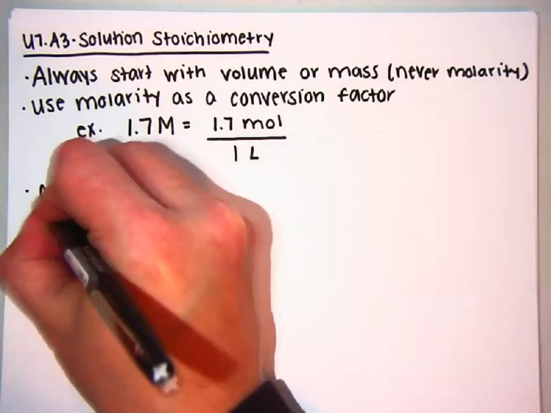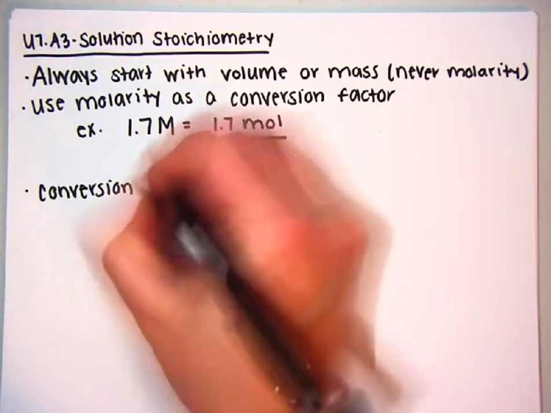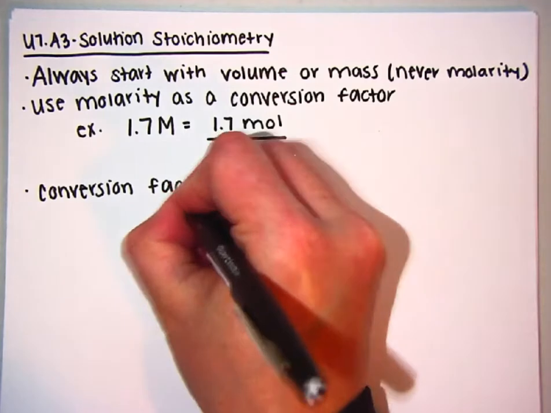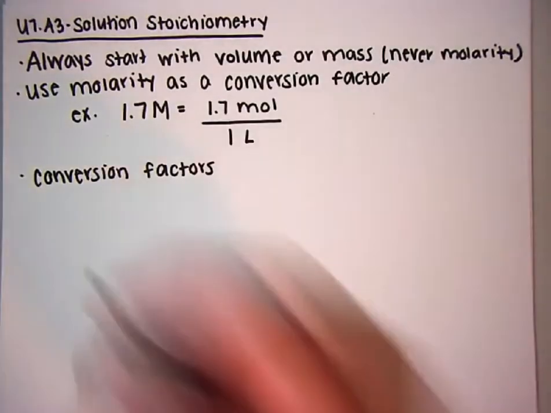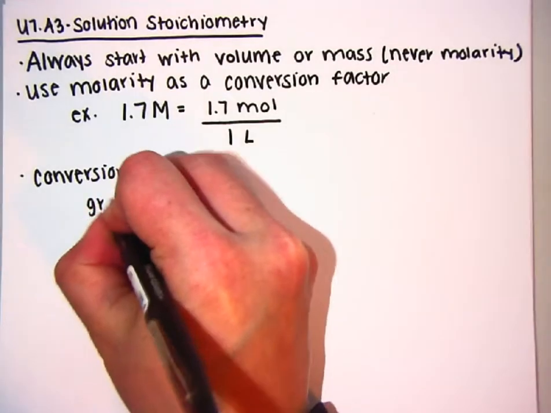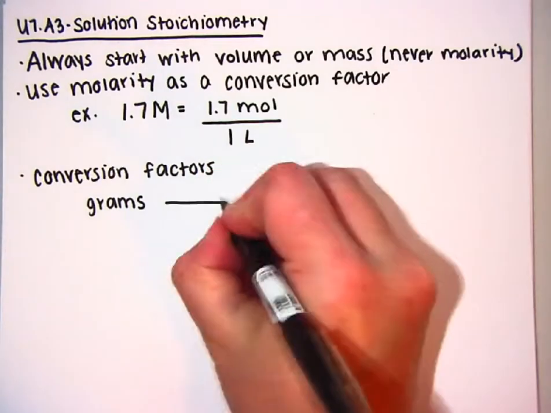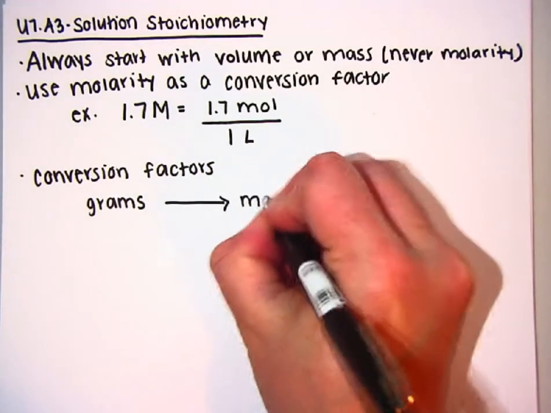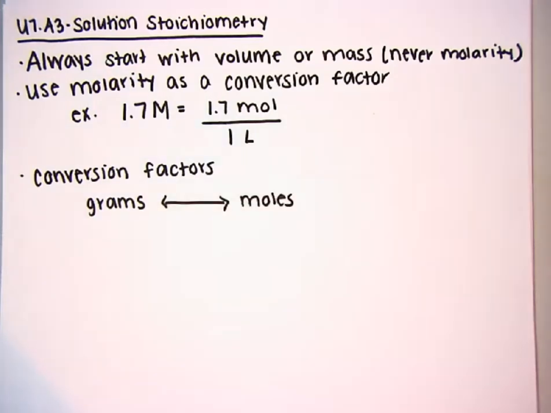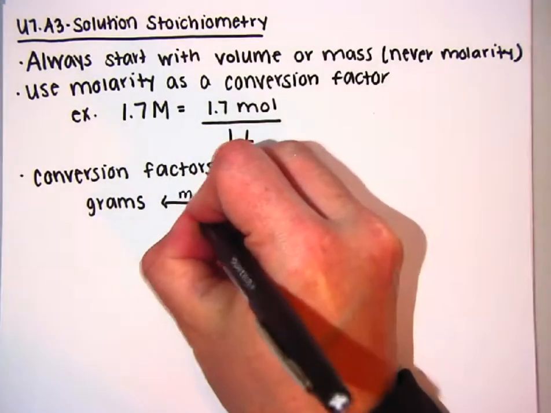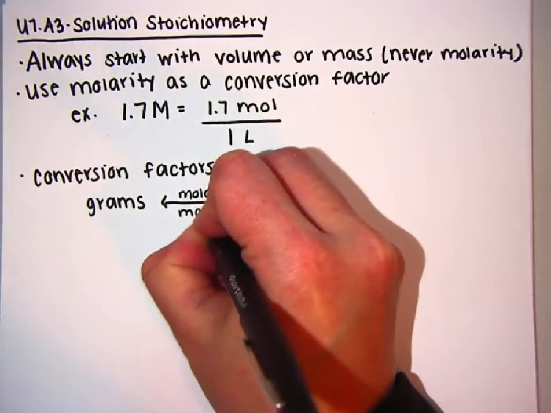When do you use which conversion factor? So let's say the problem gave you grams. Anytime we're converting from grams to moles or moles to grams, the conversion factor that we use is the molar mass that we can calculate from the periodic table.